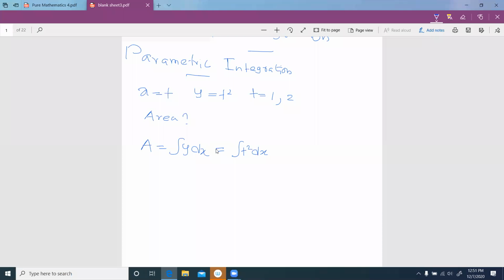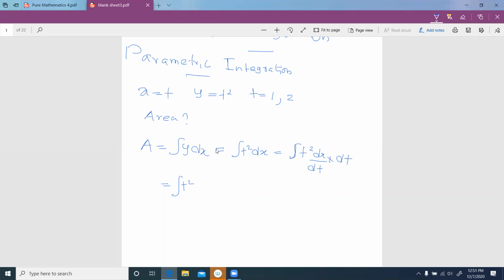Let's see how to do this kind of integration. To correct this, I am using a technique like this. Integration of t squared, I just write dx over dt into dt.